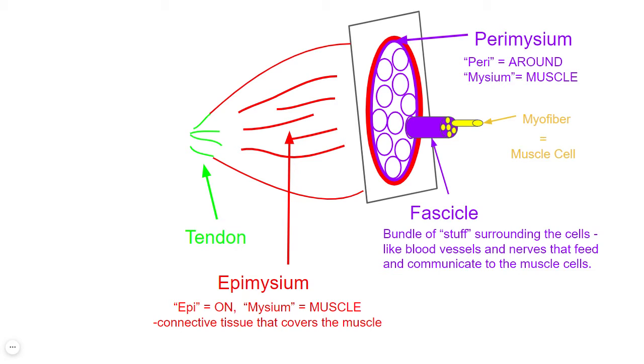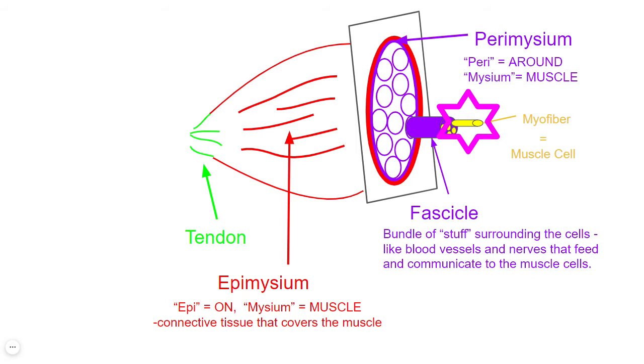So we have the epimysium, that's the big case for the muscle. And then inside that are tubes, fascicles that are covered in perimysium. The fascicle carries all of that stuff that the cells need. So inside the fascicle and the perimysium, we have myofibers, or muscle cells.